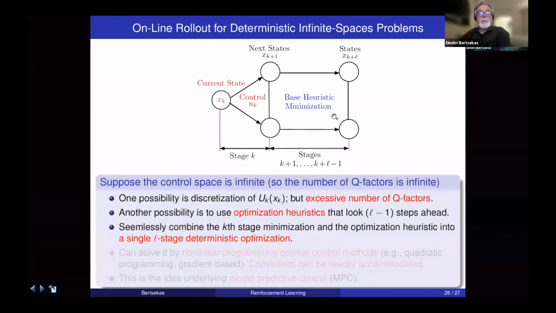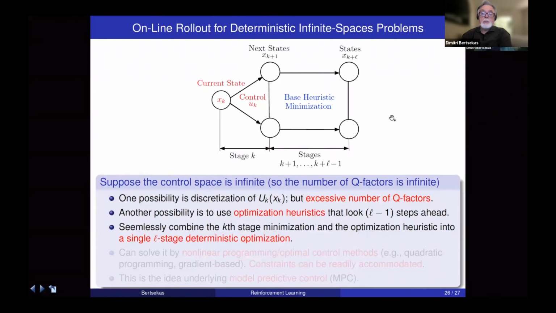So you can lump together, you can combine the base heuristic minimization, which is L-1 stages, with the first stage minimization, which is one more, for a total of L stages minimization.